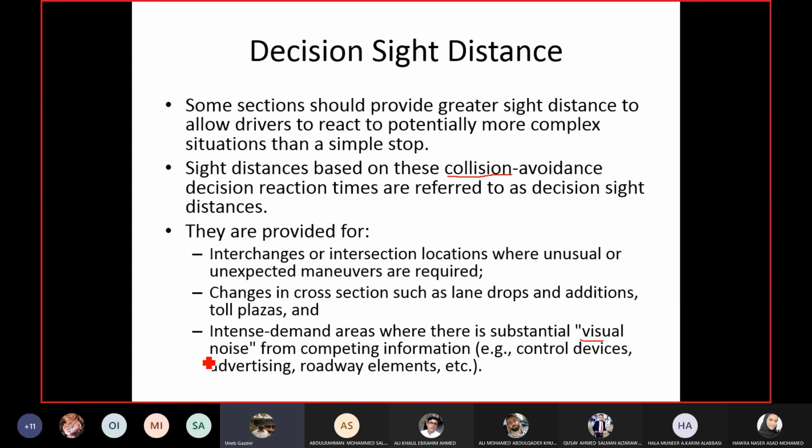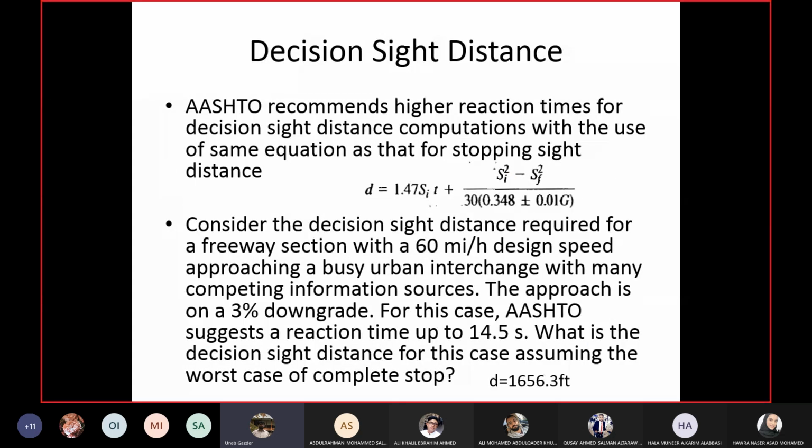Noise is something which is distracting, and visual because you are not hearing it, you are looking at it. So in these areas, you should also provide decision sight distance. Decision sight distance can be calculated using the same equation which we have for stopping distance, and the change will be in the reaction time.